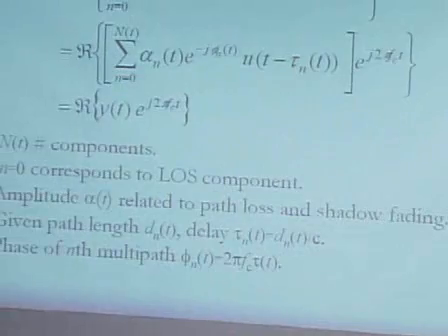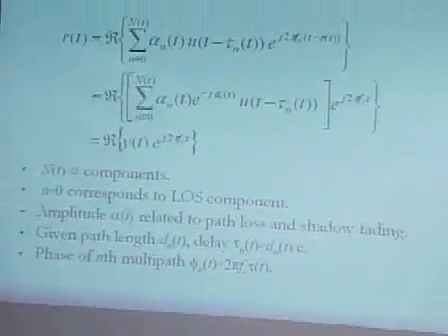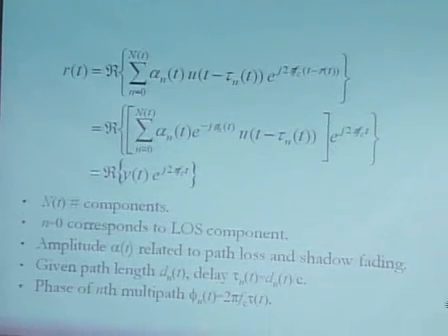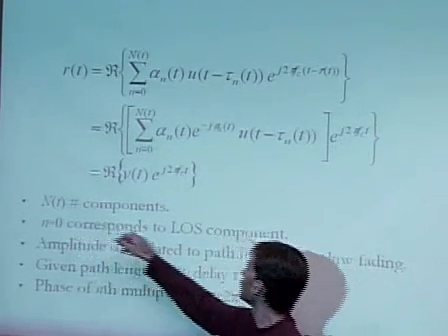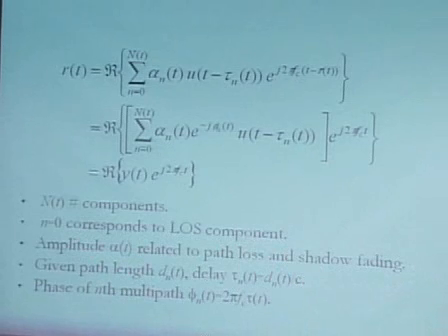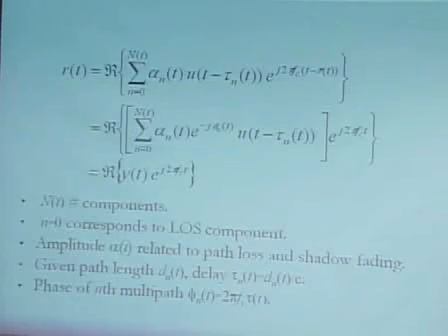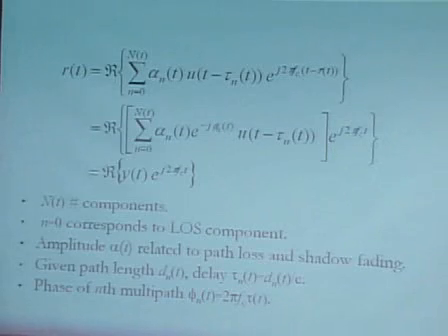Okay, and it could be a function of time in general, so that's why we have the t dependence. We use n equals 0 to denote the line of sight component when it's there. So we start the summation at 0 if there is a line of sight, like in this picture there is one. And if there isn't, we'll start at n equals 1, okay, just to make things clear.